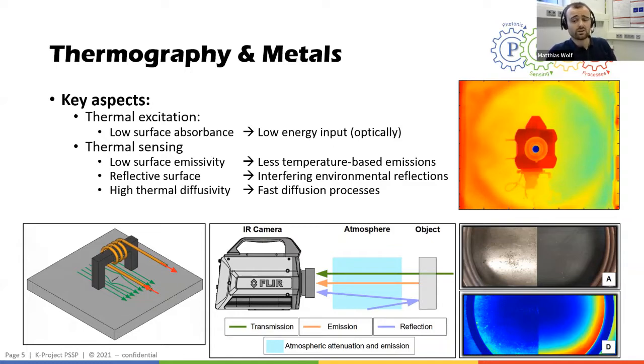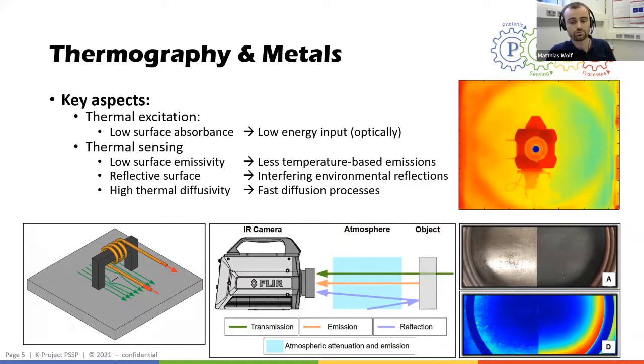On the other hand, the common characteristic of metals is the rather large electrical conductivity, which allows us to utilize a powerful excitation method based on eddy currents. This principle is shown in the bottom left part of my slide, a typical eddy current thermography setup, where eddy currents can be directly induced into the sample.